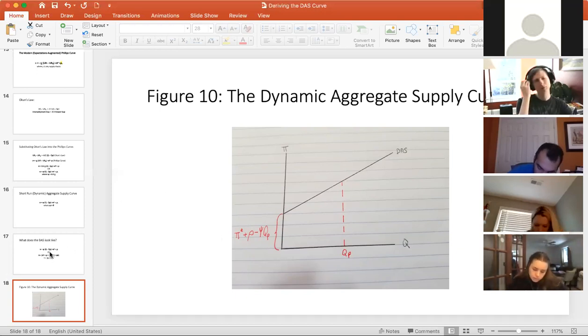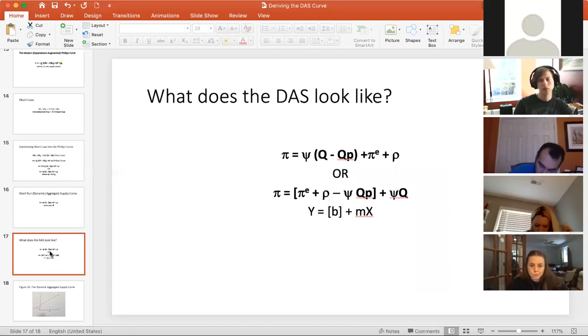All right, let's jump back to the equation for a minute. In the long run, by definition, there are no supply shocks, so rho is 0. The output gap is 0. What does that say about the shape of the DAS curve?